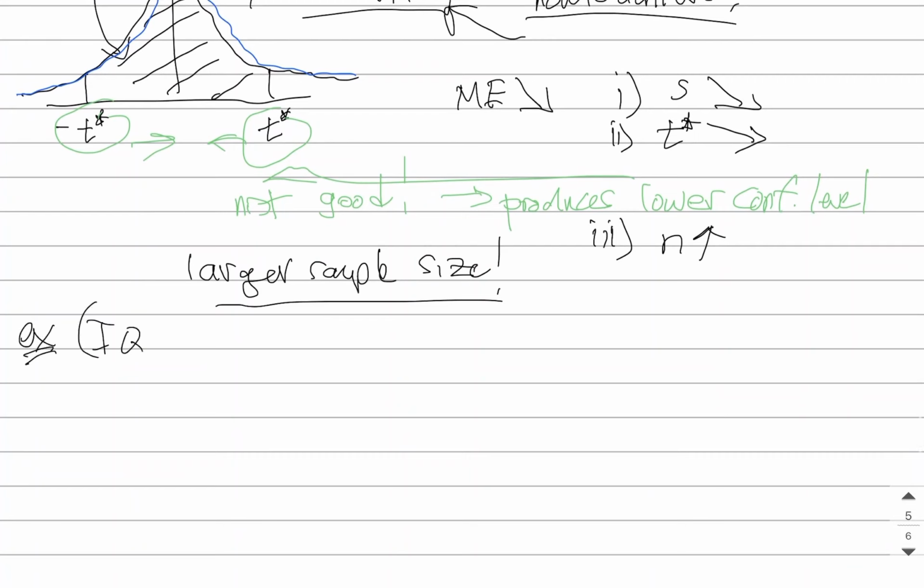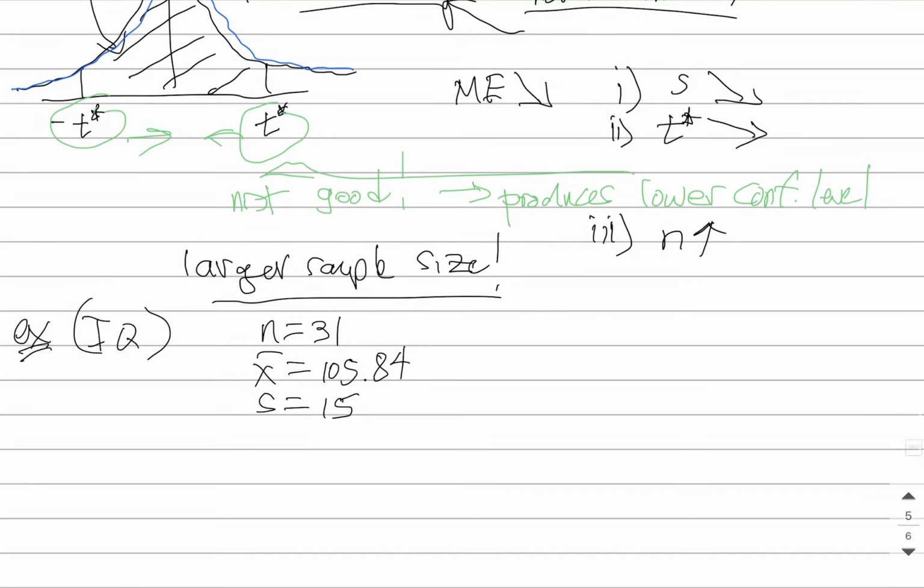Now, in the previous example for IQ scores, we had a sample size of 31. We found that our sample gave us certain observed values for our statistics. And for a 98% confidence interval, we found that the value of mu was somewhere between 99.22 and 112.46.